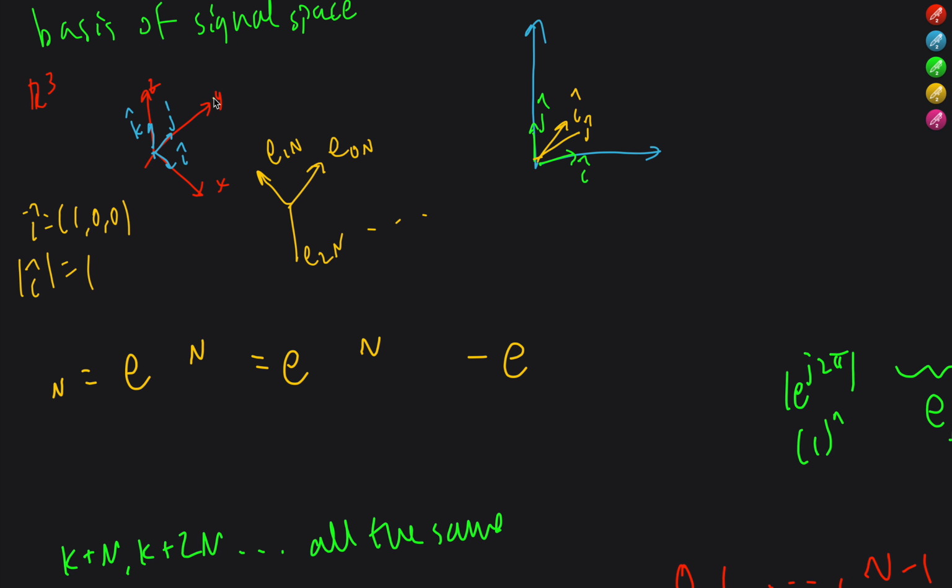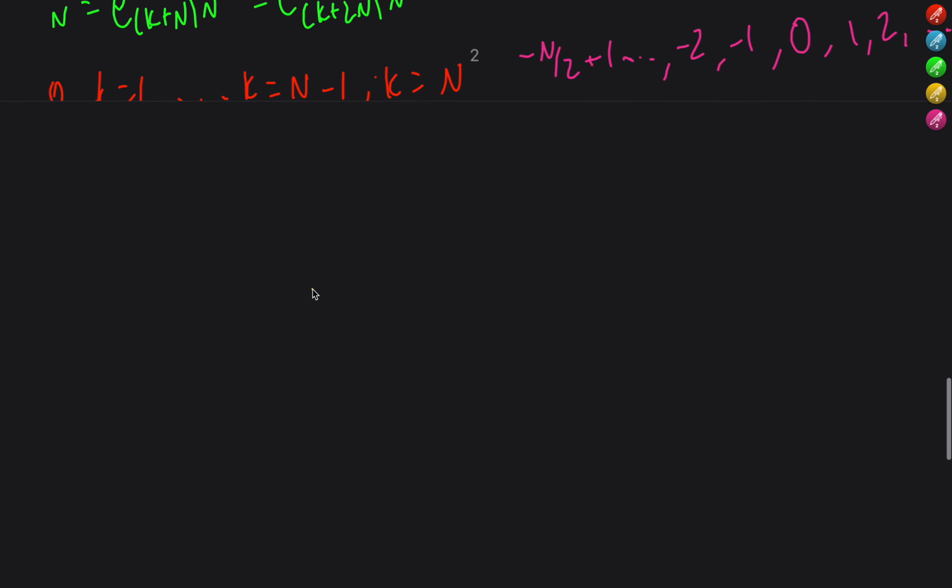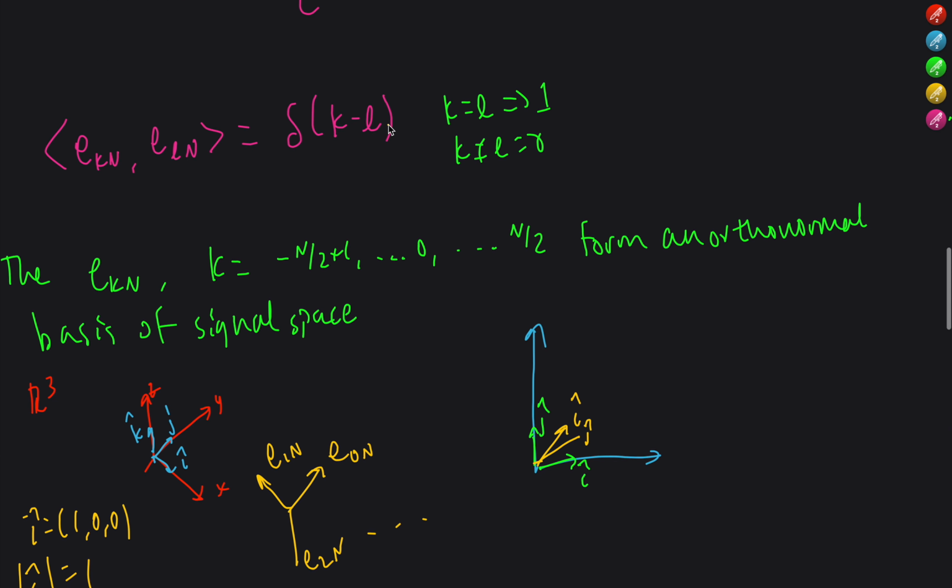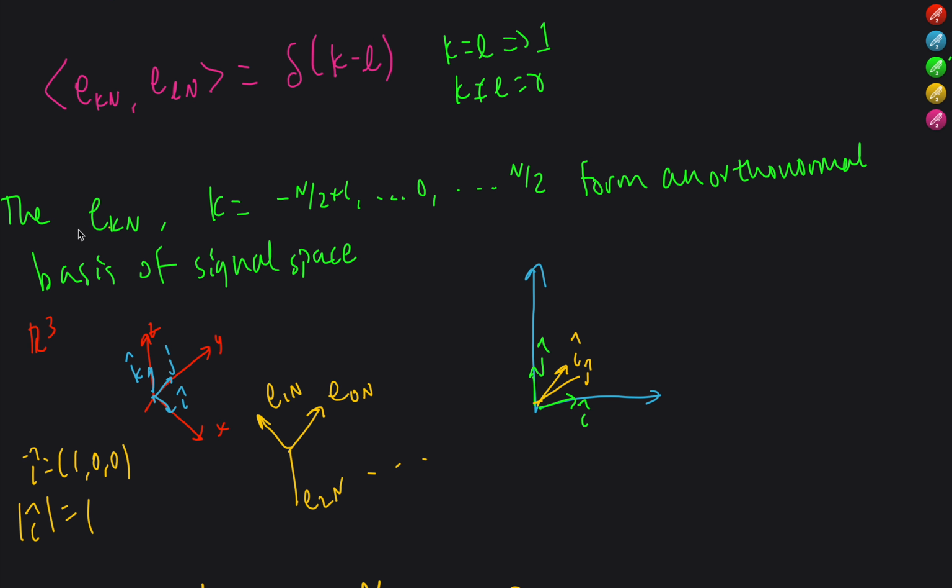So that's the end of this unit. The key idea is that these complex exponentials are nice because they're all orthogonal to each other and they're all normal, so they all have magnitude of 1. That's going to help us do analysis with them. It's going to set up the basis for the Fourier transform, the discrete Fourier transform.